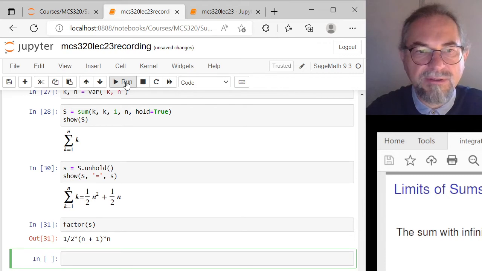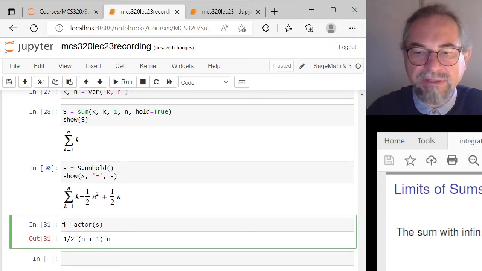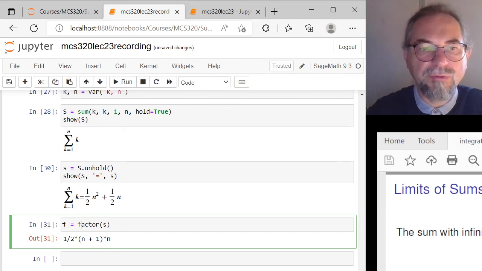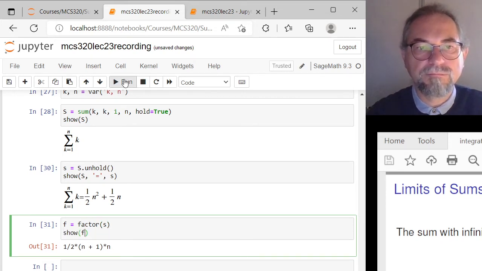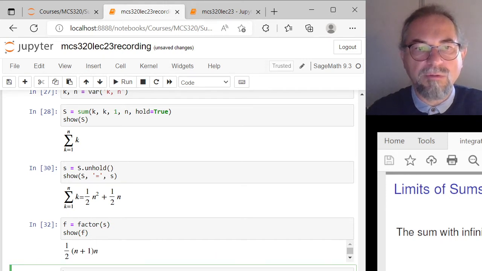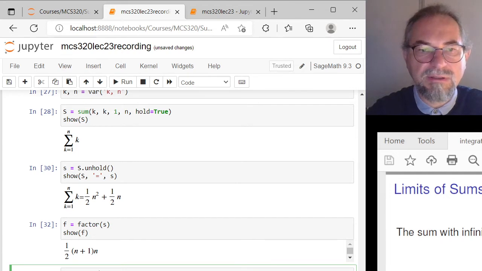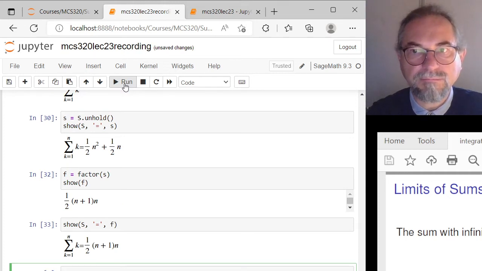And perhaps let me complete the exercise by using the show, or more specifically I can do show of s equals the factored form. Okay, so that's one of our summations.